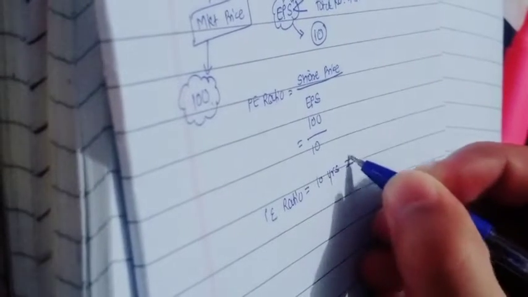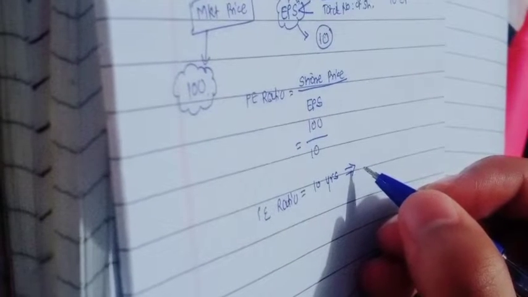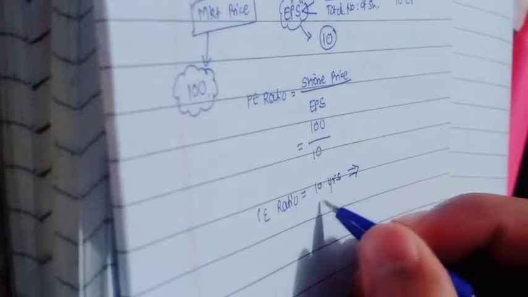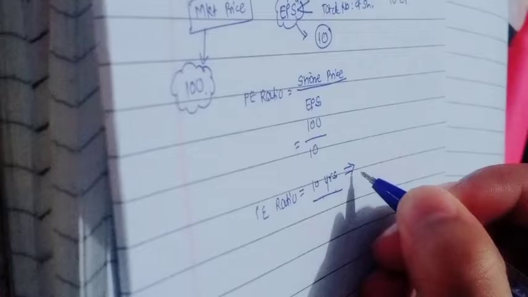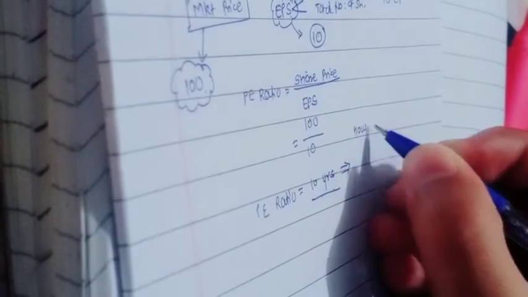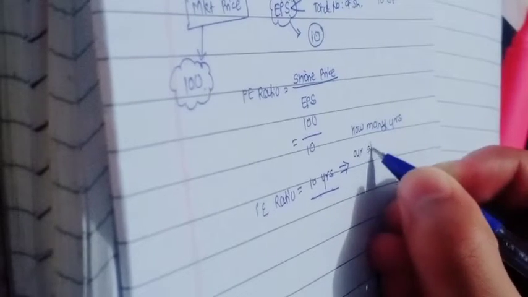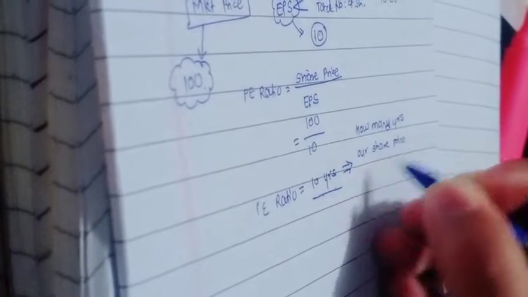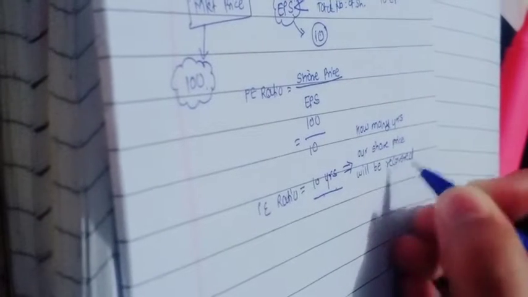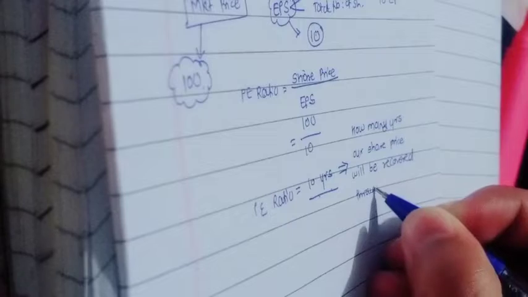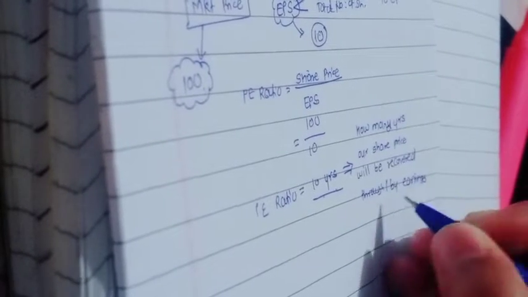Why? For that we have to understand the concept, the rationale of the PE ratio. What does the PE ratio tell us? The PE ratio basically tells us in how many years our share price will be recovered through the earnings per share.